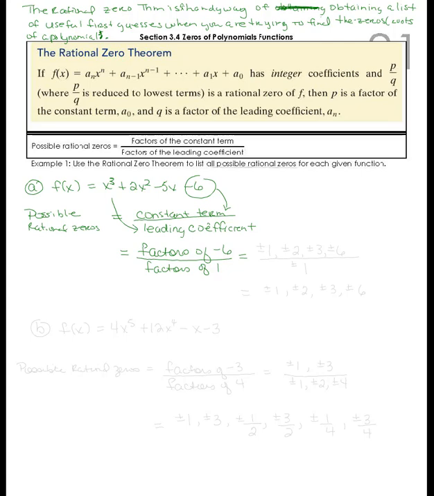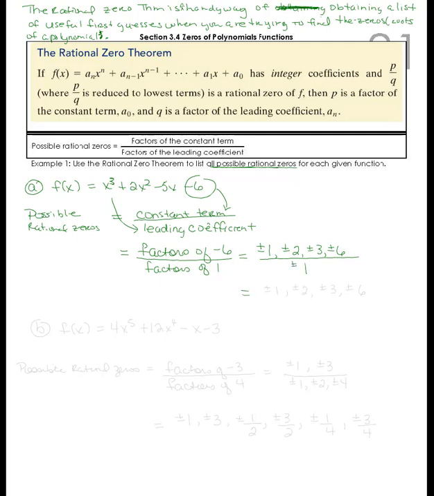1, 2, 3, 6. These are all. So since we're looking for all possible rational zeros, we would say plus or minus 1, plus or minus 2, plus or minus 3, plus or minus 6, all over plus or minus 1.